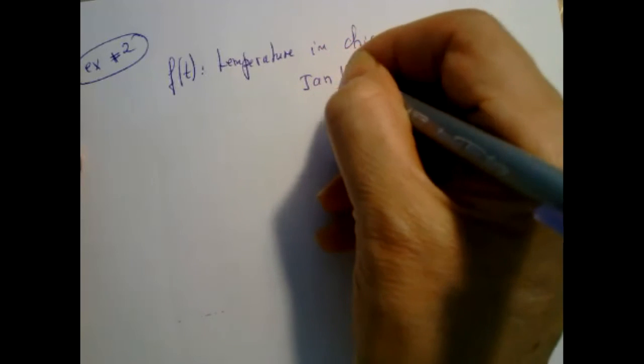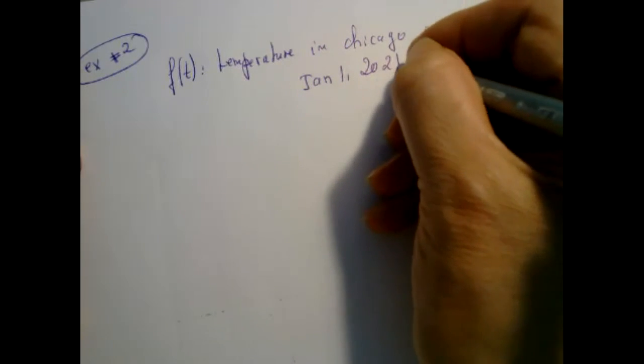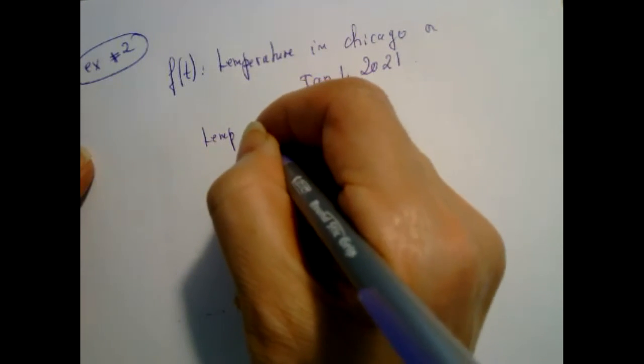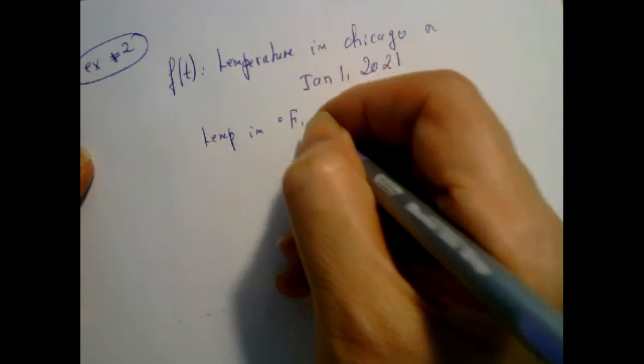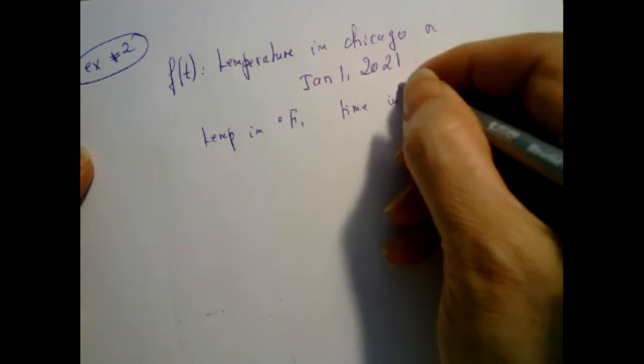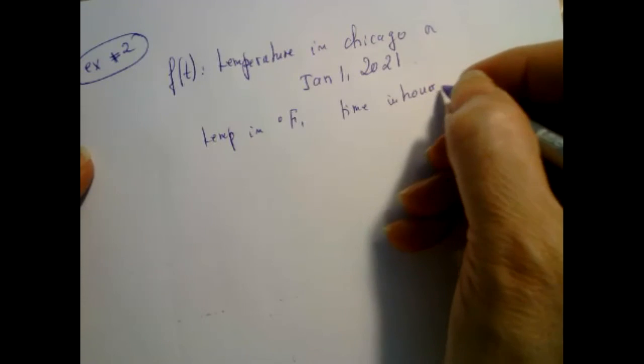Let me pick January 1st, 2021. Temperature is in degrees Fahrenheit, and the time in hours. So these are the units I'm going to use.